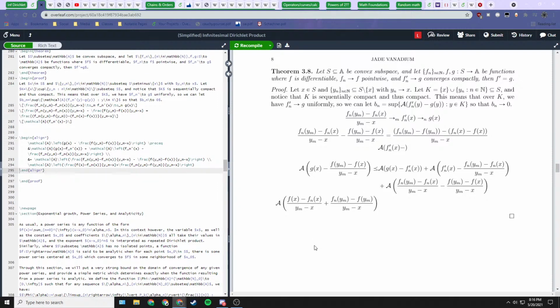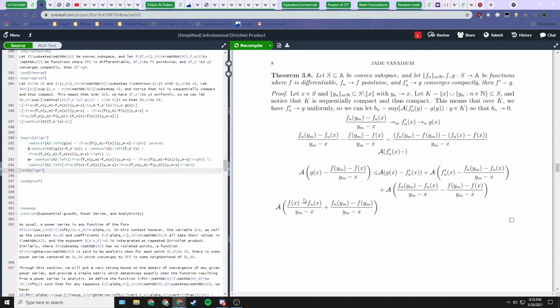Hold on. Yeah, as we limit m first, these individual terms won't limit. So if we do n first, they will limit to 0. So this numerator will go to 0, and this numerator will go to 0 if we limit by n. But if we limit by m first, this won't even converge if we write them this way.